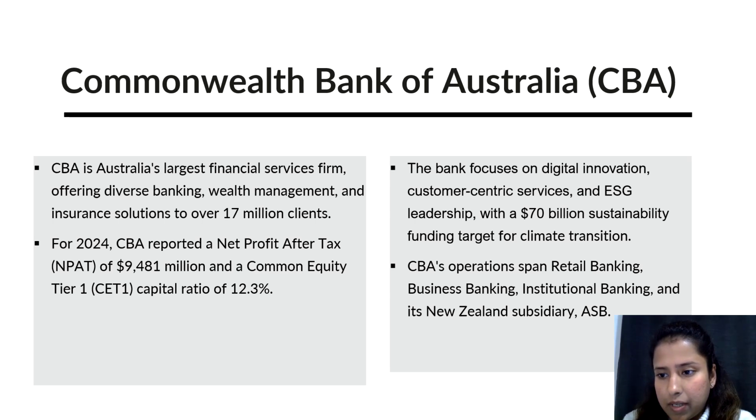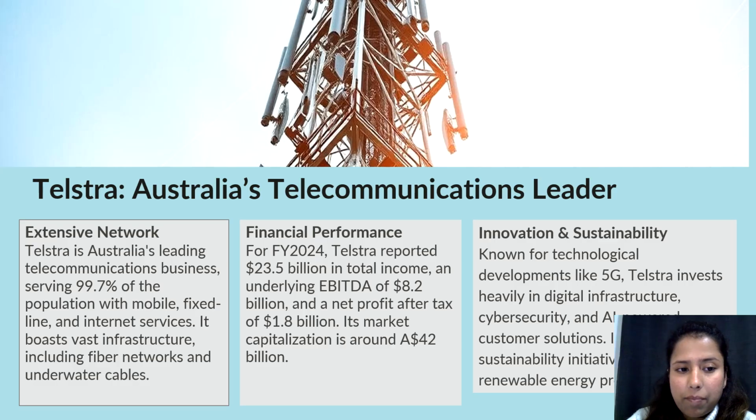Moving ahead to the next company, which is Telstra. Telstra is Australia's largest and leading telecommunications business. It serves 99.7% of the population with mobile, fixed line, and internet services. It is one of the most used telecommunication networks.